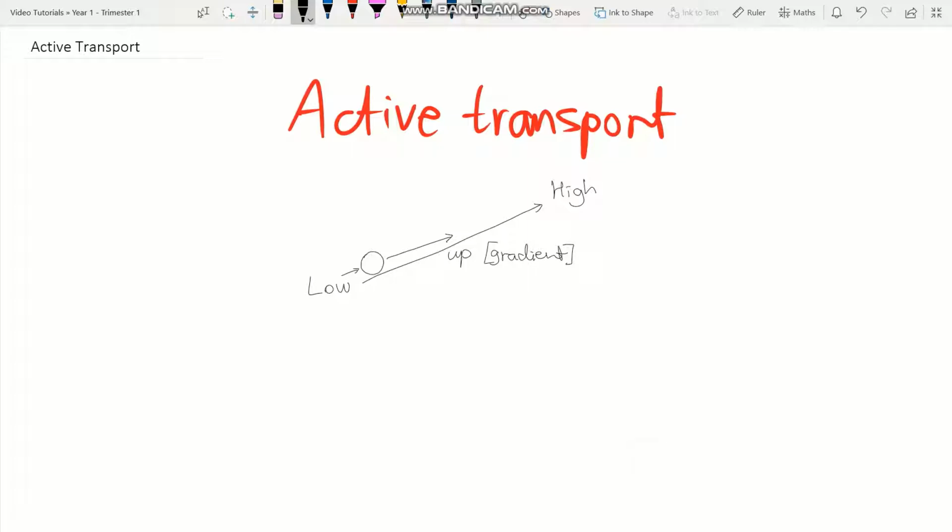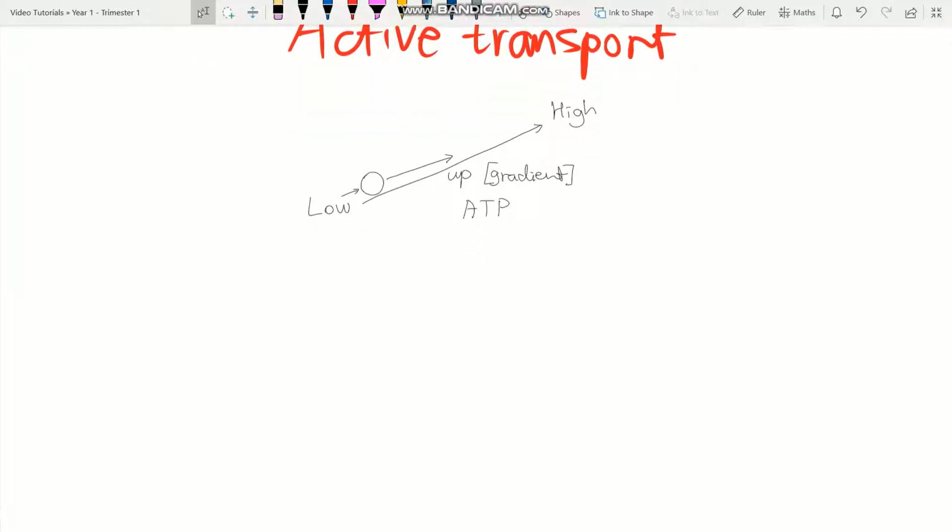This energy is provided by ATP, adenosine triphosphate, and usually involves a carrier protein that specifically and reversibly binds to the molecule to facilitate the transport.